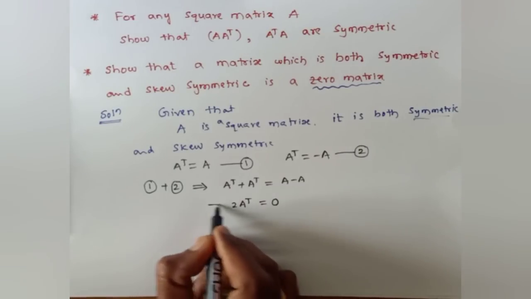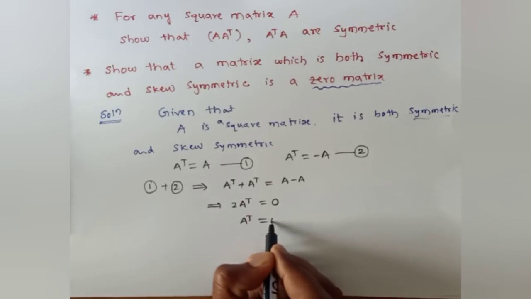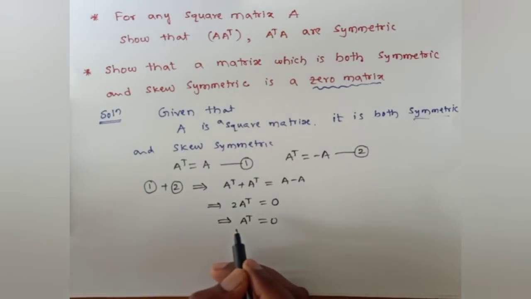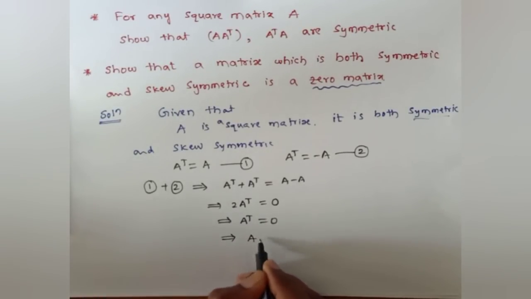Dividing both sides by 2, A transpose is equal to 0. A transpose 0 means A is also 0.